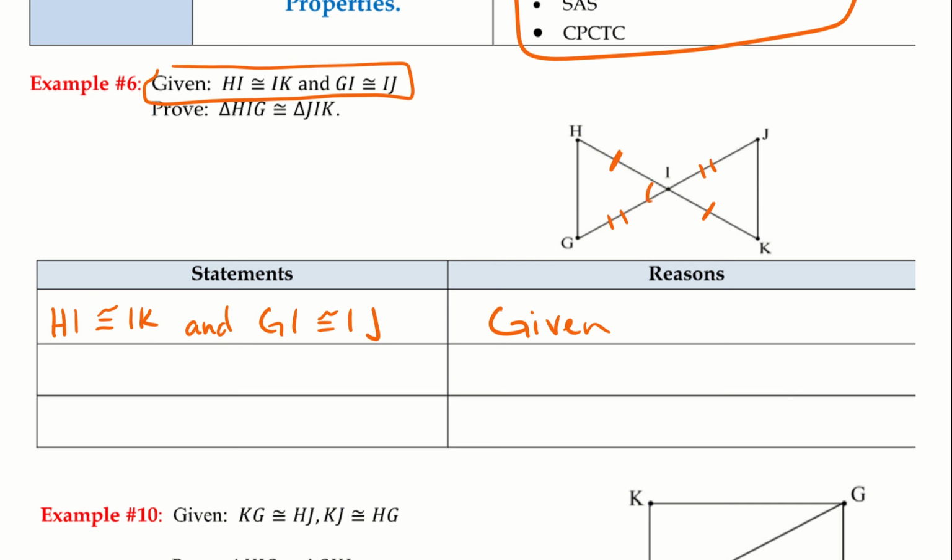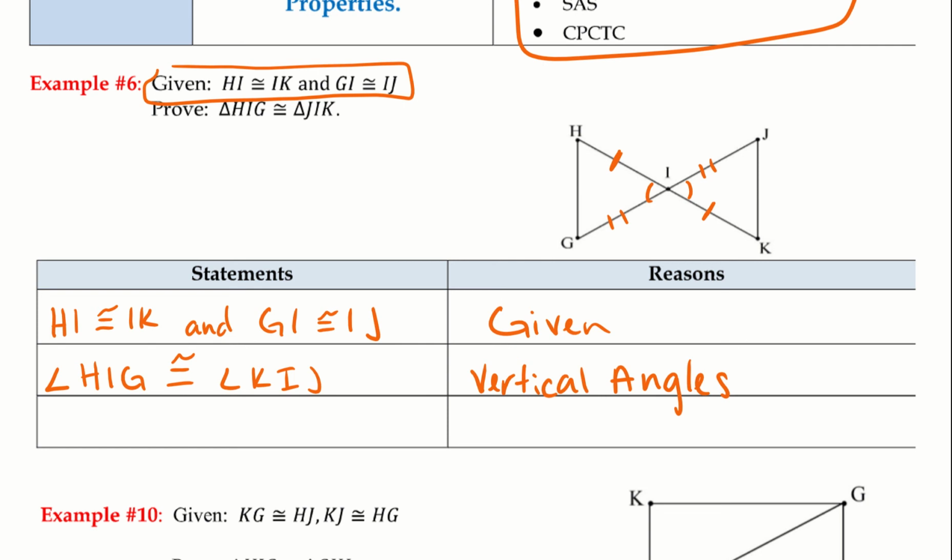So I can say angle HIG is congruent to angle KIJ, and the reason is vertical angles. Since they are vertical angles, they are congruent.